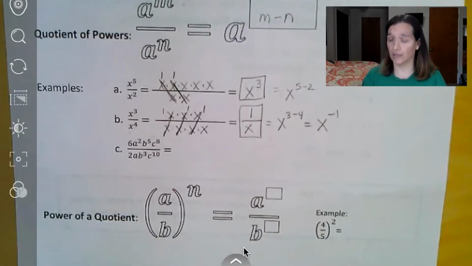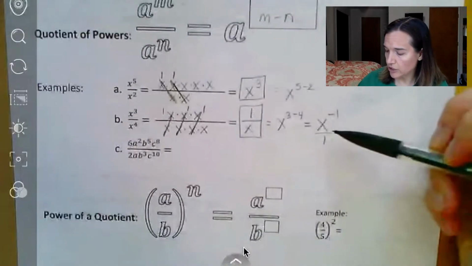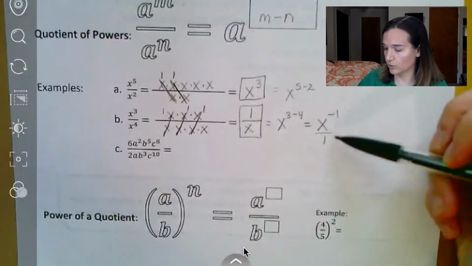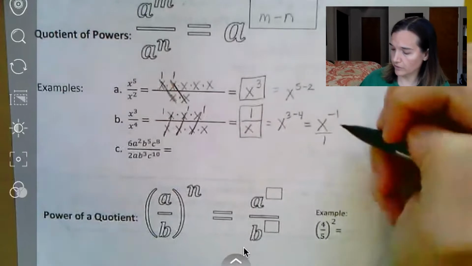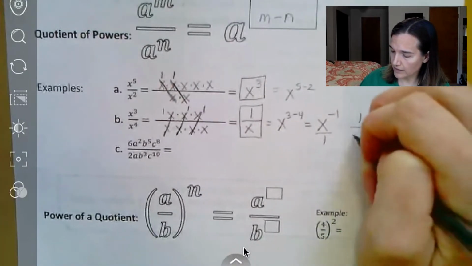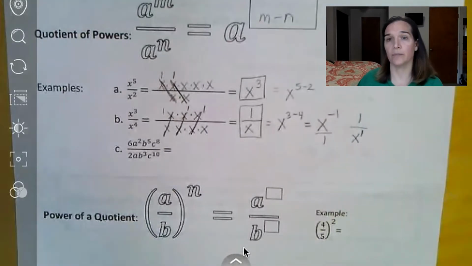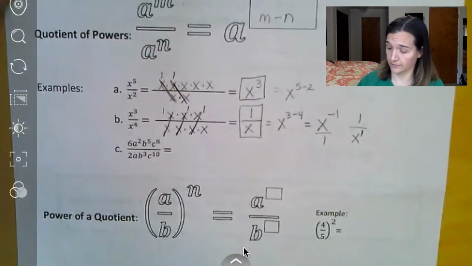So the way to do that is to change its position in a fraction. If this were a fraction over 1, in order to make the exponent positive, you change its location to the denominator. So moving it down would give you x to the 1st power. All right, I'm going to let that sink in. It's kind of a weird one, but we'll continue to practice and look at it. Let's look at it with the next one.